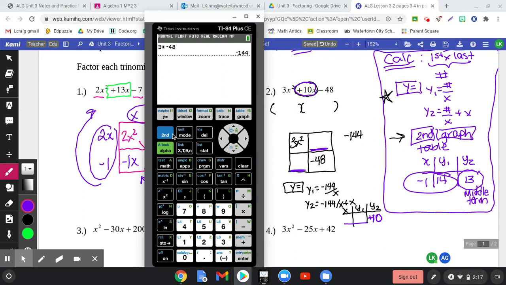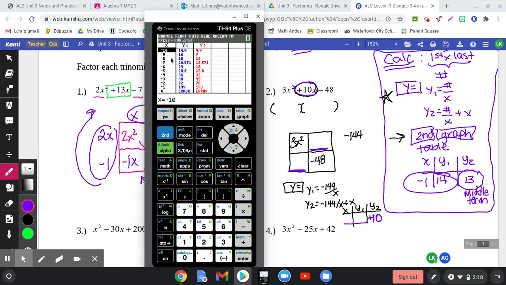All right, so let's go to y equals. I'm going to clear out what's there. Negative 144 divided by x. Negative 144 divided by x plus x. So basically, you're telling the calculator for y2 to add up your two factors. If you see table up here, it's in blue. We're going to hit second graph to get to the table. So negative 9 times 16, negative 8 times 18.